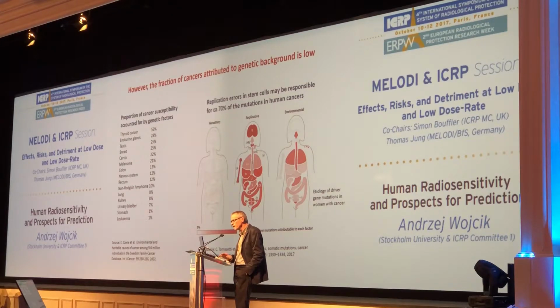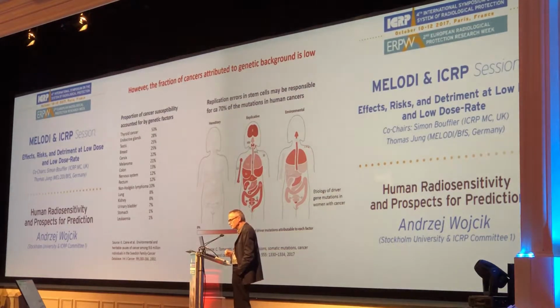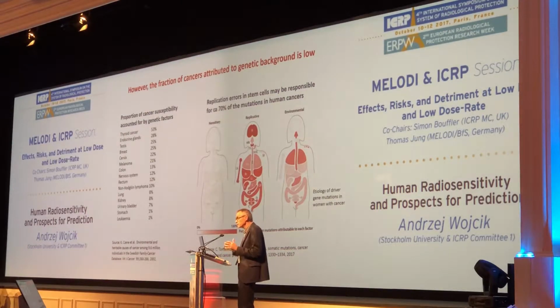The title of the study is Environmental and Heritable Causes of Cancer Among Nearly 10 Million Individuals in the Swedish Family Cancer Database. So you do family linkage studies to find out how many cancers are heritable or have a heritable trait, and then you can assume they are genetically determined.